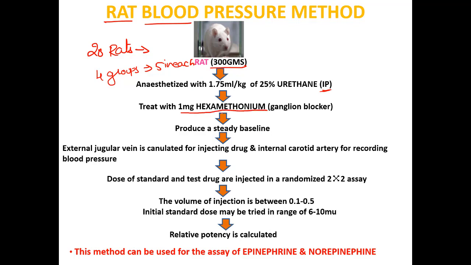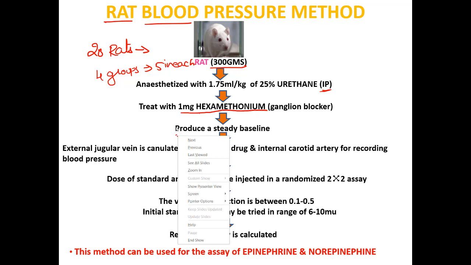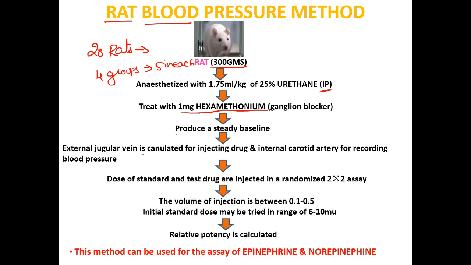What is the function of this hexamethonium? It is a ganglion blocker. After giving this drug, the rat will produce a steady baseline. Then we have to cut open the neck, and we have to take the jugular vein and cannulate it for injecting drugs.